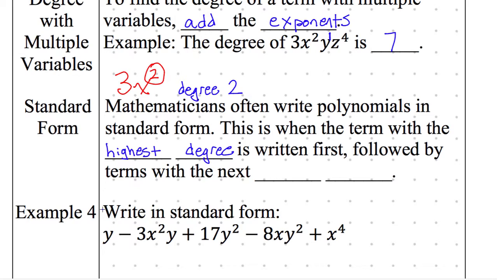And then the next immediate term is the next highest degree. So it gets smaller and smaller until you're left with either a constant or nothing. So the highest degree, then smaller, smaller, smaller, then you're done.